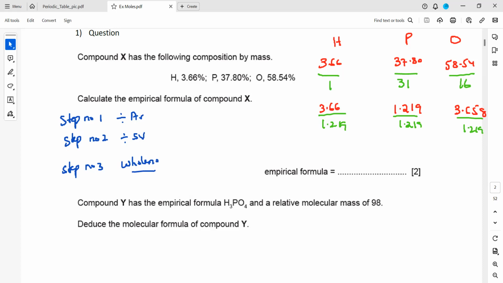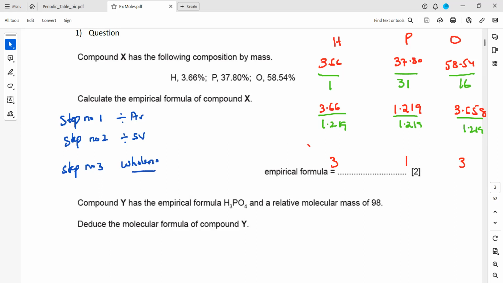So 3.66 divided by 1.219 is about 3, this will be 1, and this is also 3. So what is the empirical formula of the compound?